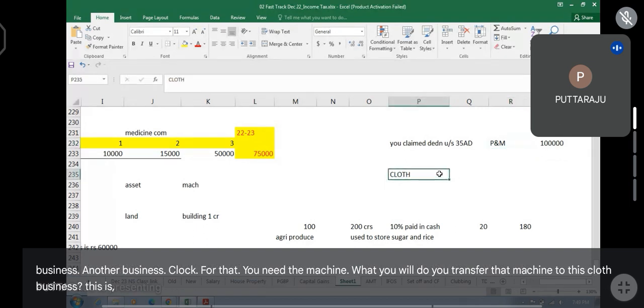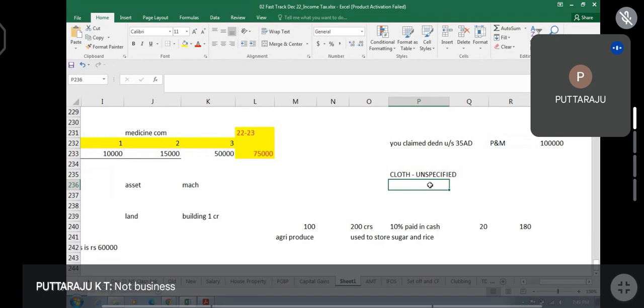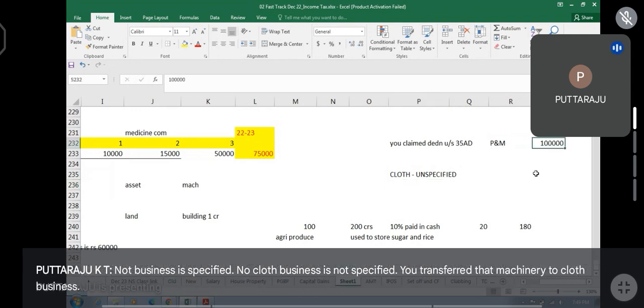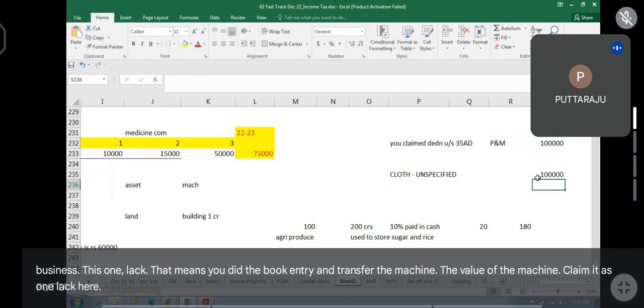Is cloth business specified? No, cloth business is not specified. You transfer that machinery to the cloth business. That means you did the book entry and transferred the machine, and the value of the machine is 1 lakh. You understand the logic?